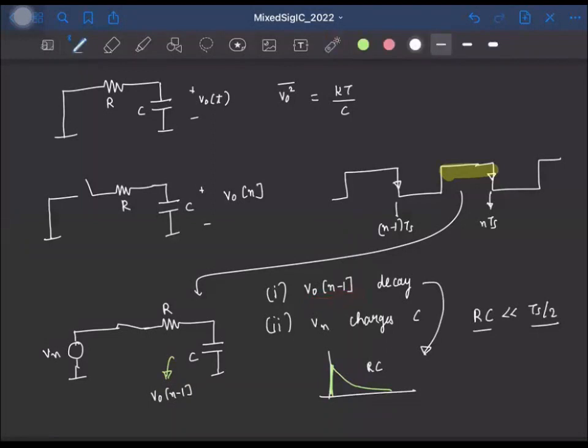So at the end of this phase, that is at this point, when you take the sample of this capacitor voltage, that is V0[n], that will have no contribution from V0[n-1]. Okay, so V0[n] is completely uncorrelated to V0[n-1] and other previous noise samples. Okay, so this is one observation we can quickly make, right?